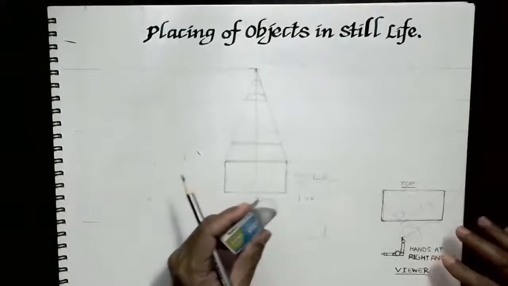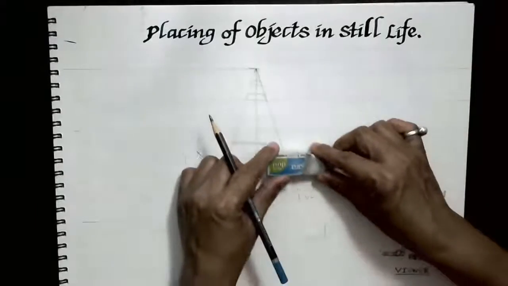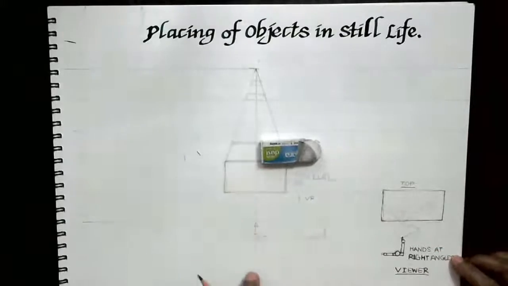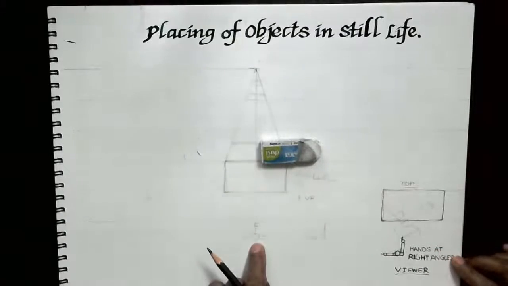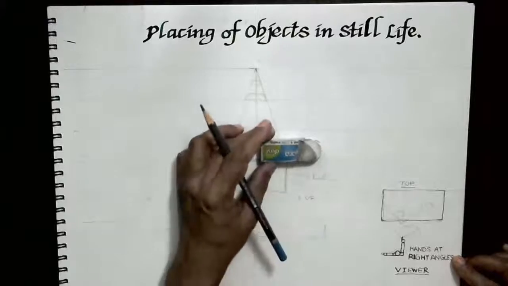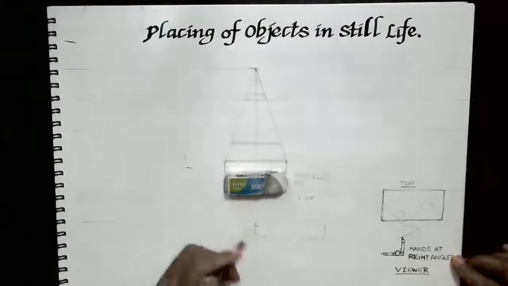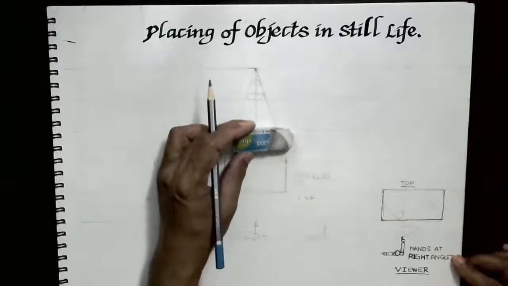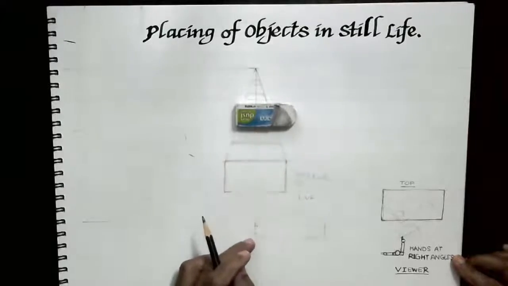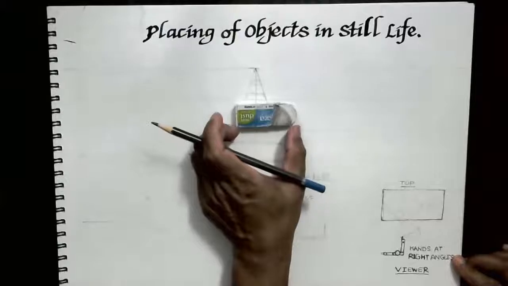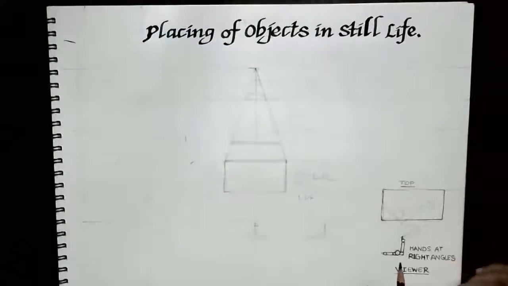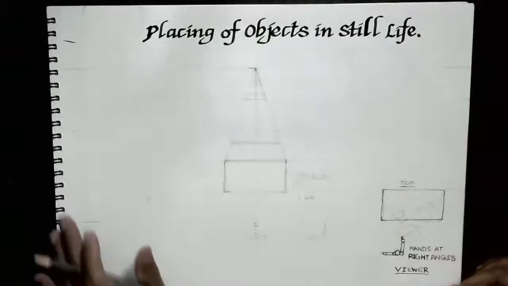For example, I'm using this eraser, and this eraser edge is parallel to my body. When it is laid here, you'll find a certain size like this much, and the moment it goes away from you, the size you are seeing reduces. That is how we go about drawing in perspective.